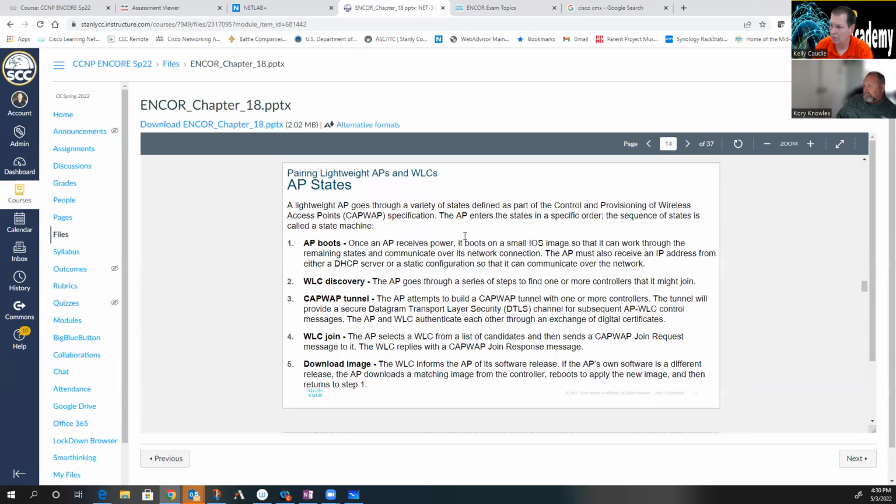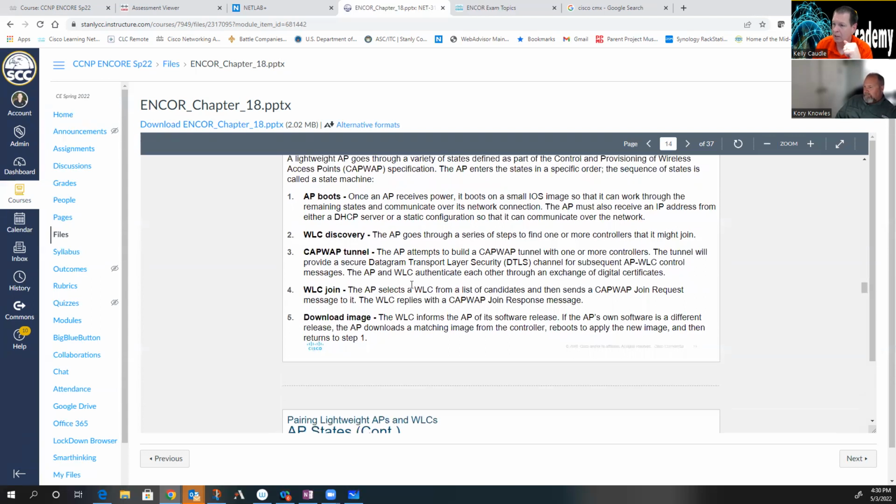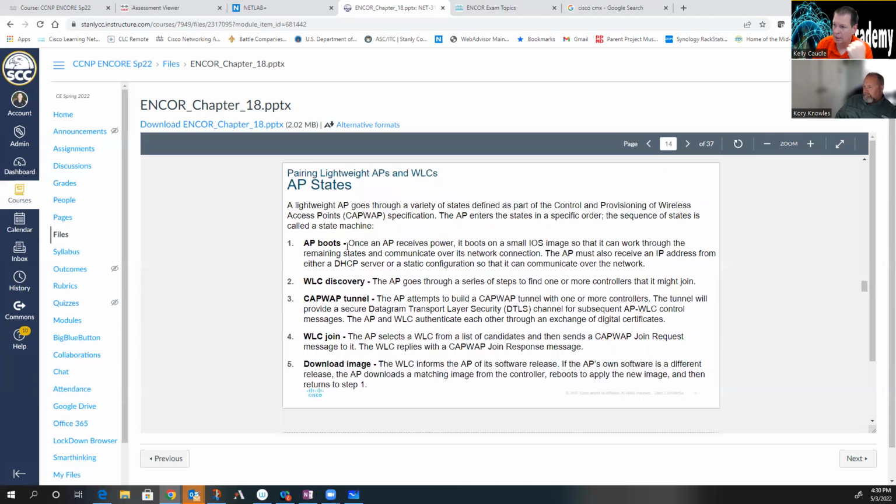You may want to know about the fact that when an AP boots, it's going to try to do a discovery broadcast. It looks for a primary, secondary, tertiary wireless LAN controller. If it doesn't find that, then it looks for a master. If it can't find a master, then it's going to look for the least loaded. There's a couple other ways that the AP can find it.